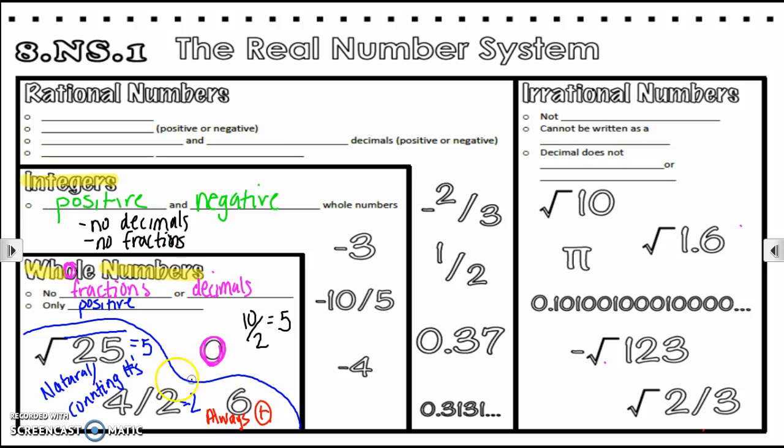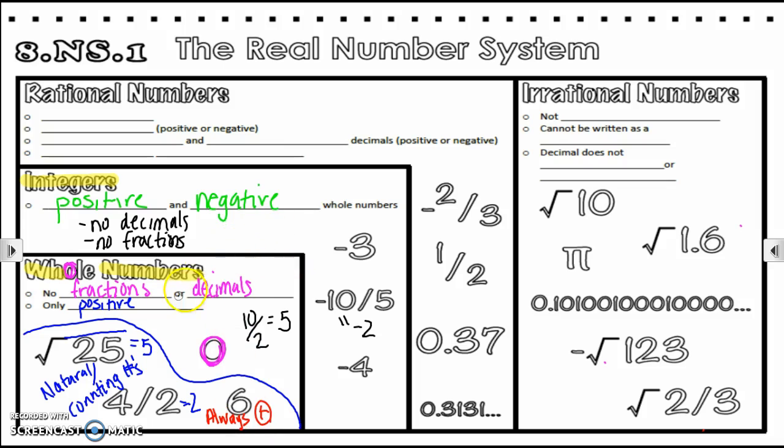So think about this. Negative 3, that's a whole number. It doesn't have a fraction or a decimal attached to it. Negative 10 over 5, well, negative 10 divided by 5 is equal to negative 2. That's a whole number, and it's a negative number. Negative 4 is an integer as well.